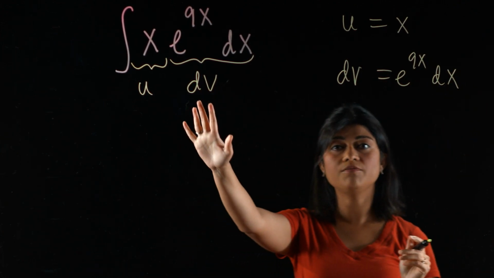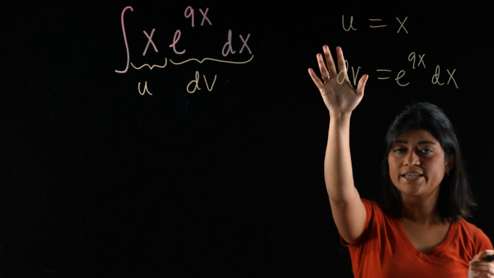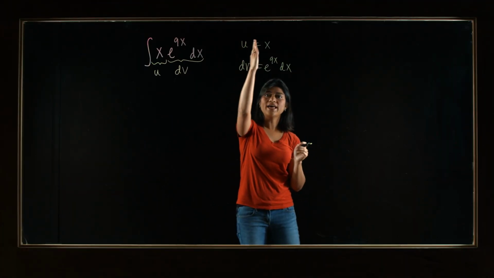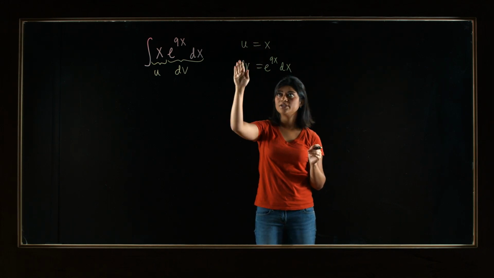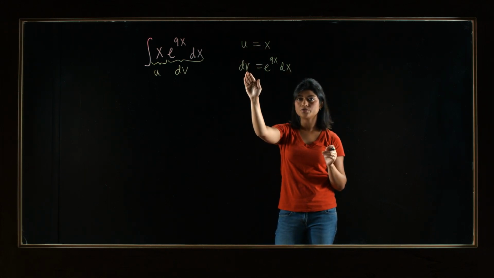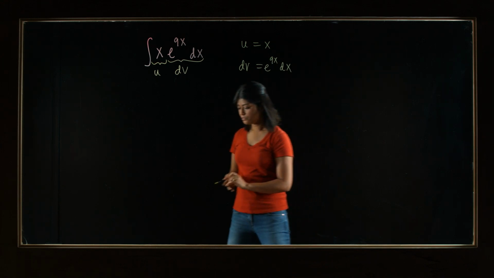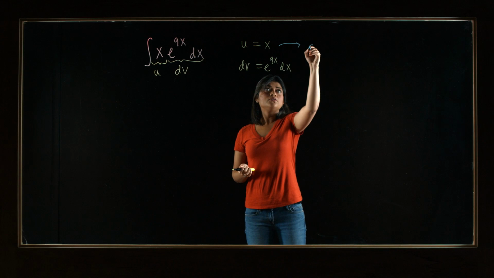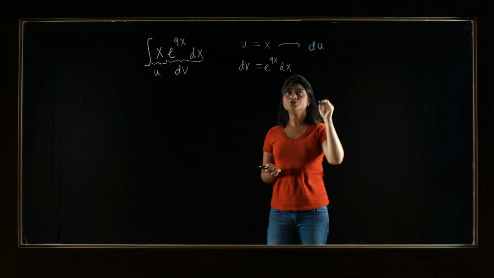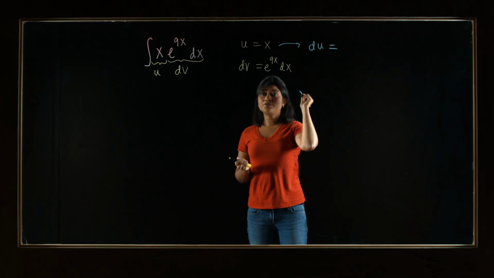Now we don't have to solve it, but we should at least take a look at what will happen in the next step when we differentiate the top function and integrate the bottom function. So what happens? Differentiate to get du. What is the derivative of x?